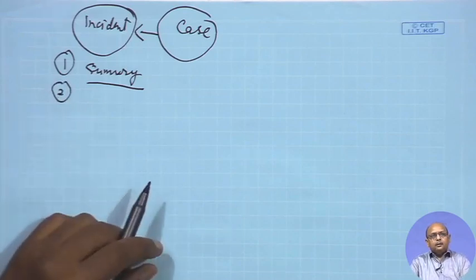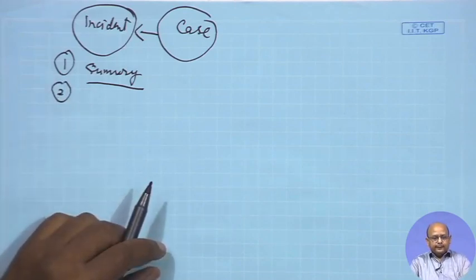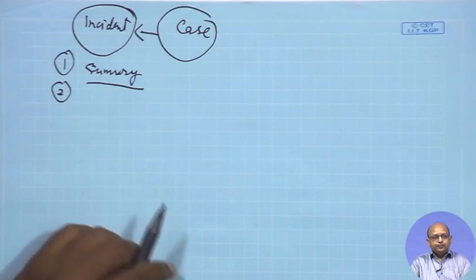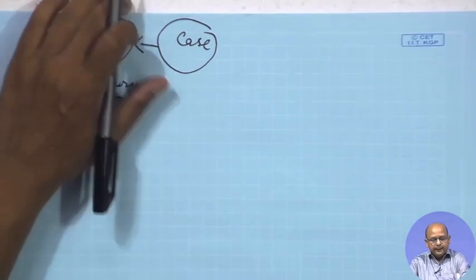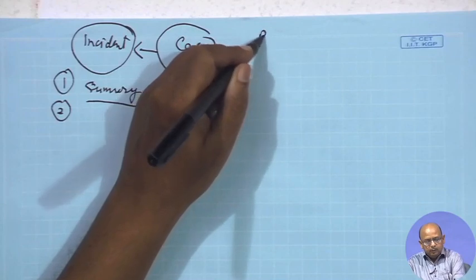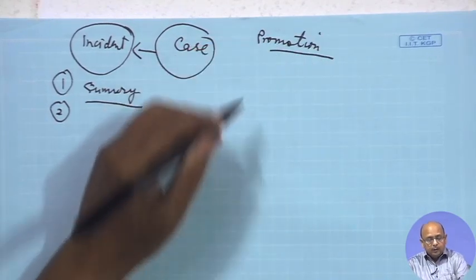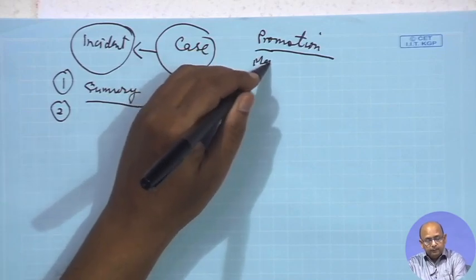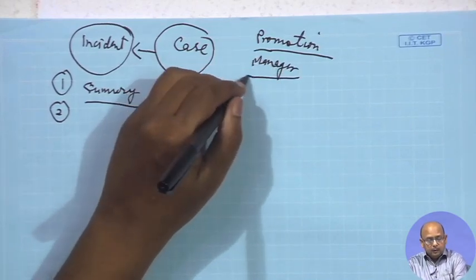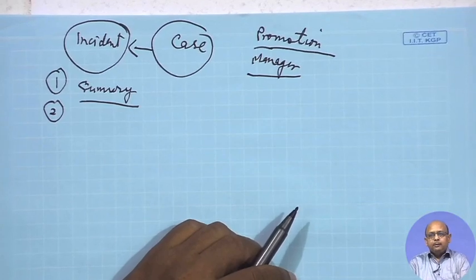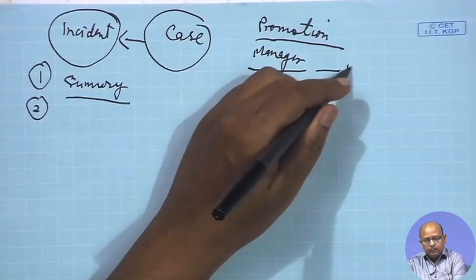Let me take an example to explain it. Suppose there is a case related to promotion. There is a manager who has to decide about a promotion, and there are 4 people who have applied.